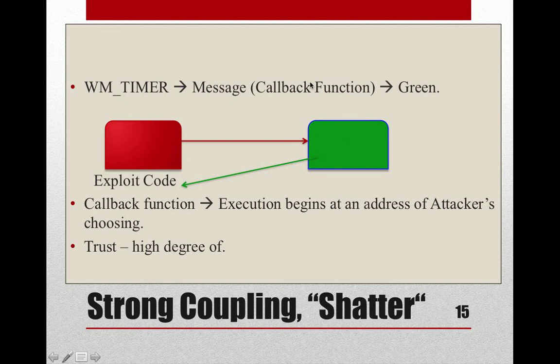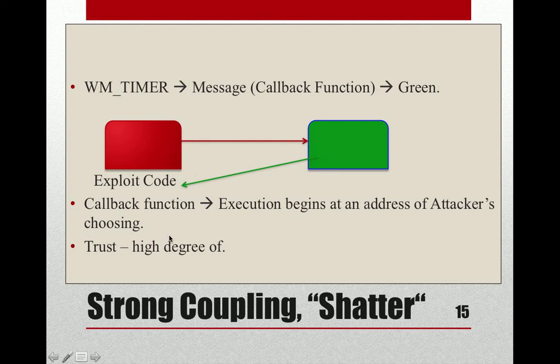If the code here is manipulated in the messaging, it can be manipulated so that there's a function pointer, and the function pointer points back to the exploit code that was created by the attacker, and the execution would start pointing at that.